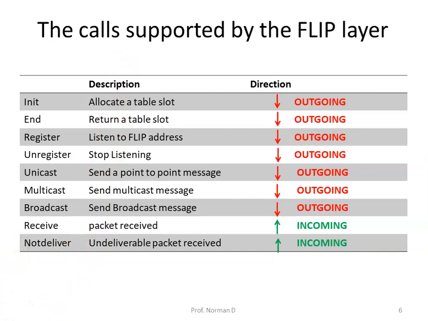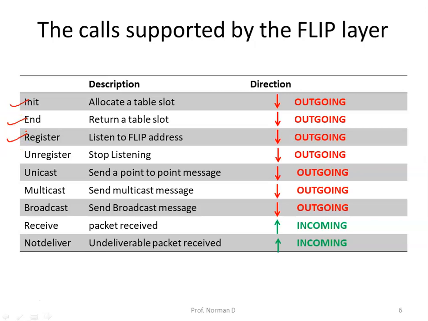The first one, init, allows the RPC layer to allocate a table slot and initialize it with pointers to 2 procedures. These procedures are the ones called when normal or undeliverable packets arrive. The second one, end, deallocates the slot when the machine is being shut down.